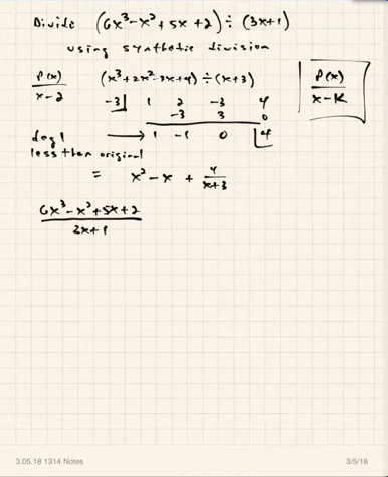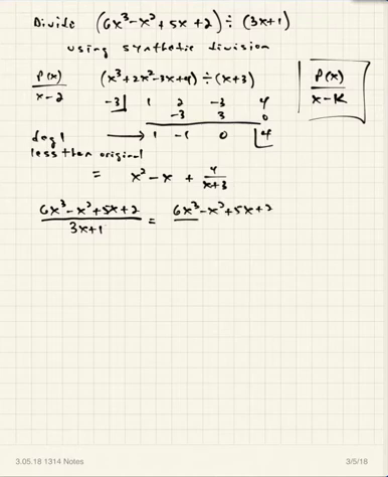Yeah, let me clean this up just a little bit here. But 3x plus 1 is not in the form x minus k. It's not a 1x. It's a 3x here. And so what you have to do if you're going to use synthetic division on a problem like this is you have to factor that 3 out of the polynomial in the denominator.